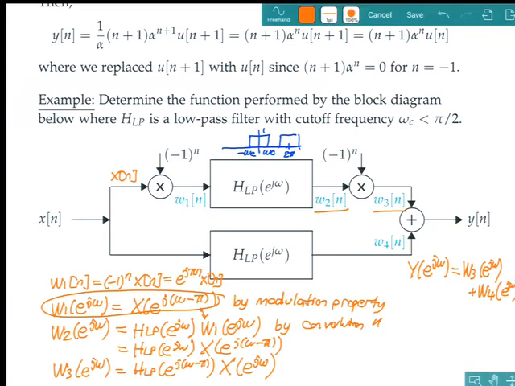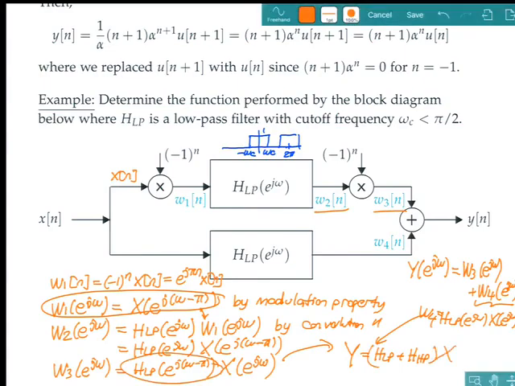Here I use linearity. And I know W4 is HLP e to the j omega times x e to the j omega. Okay? So put them together. Yeah, okay, W4 is this. And therefore y, which is the sum of them, is HLP. I'm going to drop the arguments because I'm running out of space. Plus HP, I'm going to say that's this one, HP, times X. All right?